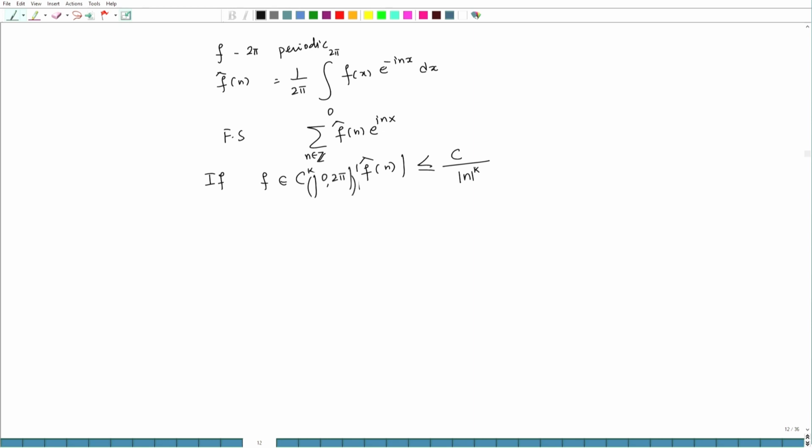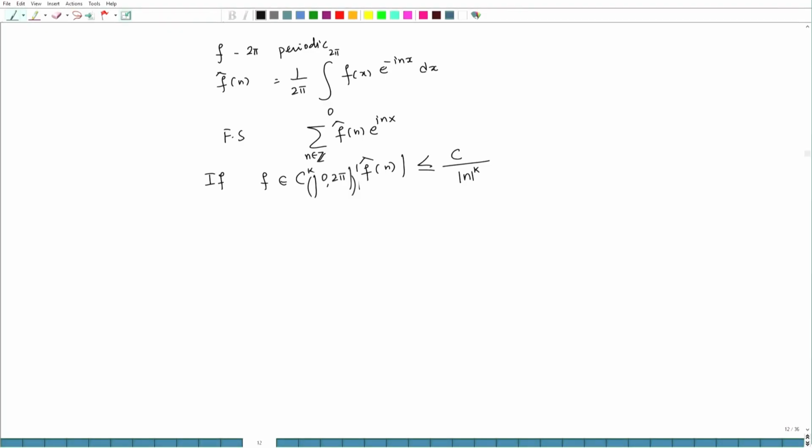So, therefore, for k bigger than 1, the Fourier series of these functions converge, but till now we do not know whether they converge to f or not.